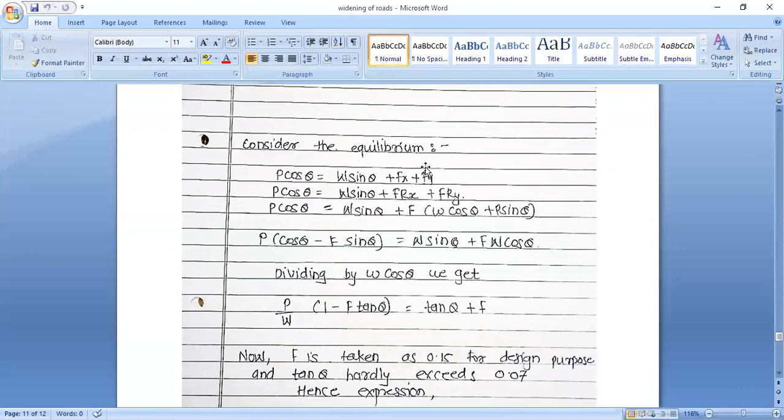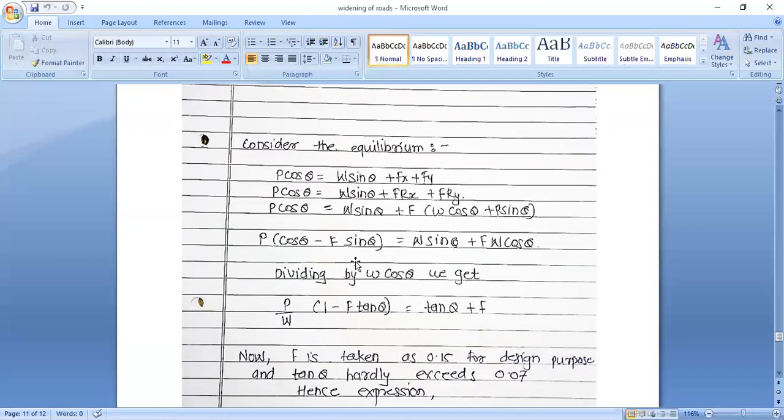And we had discussed that Rx is equal to W cos theta and Ry is equal to P sin theta. Therefore the equation is P cos theta is equal to W sin theta plus F in bracket W cos theta plus P sin theta. These are the values of Rx and Ry.